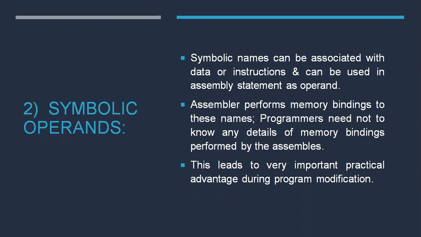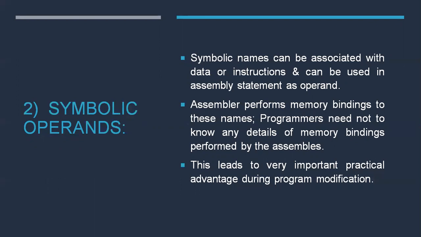The second feature is symbolic operands. Now, you know, symbolic names are given to each and every variable. Symbolic names are associated with data or instruction and can be used in an assembly statement as an operand. Now you know A is a symbol holding the value of 10. B is a symbol holding the value 5.